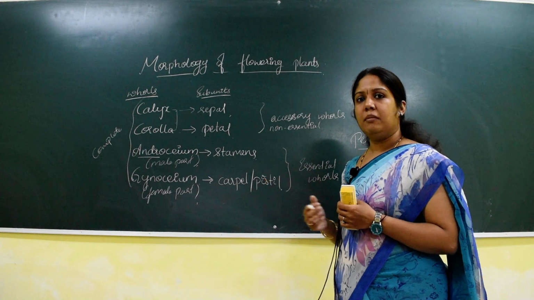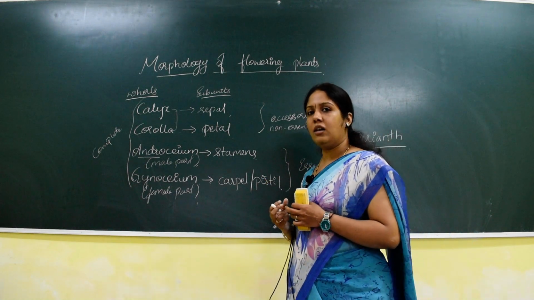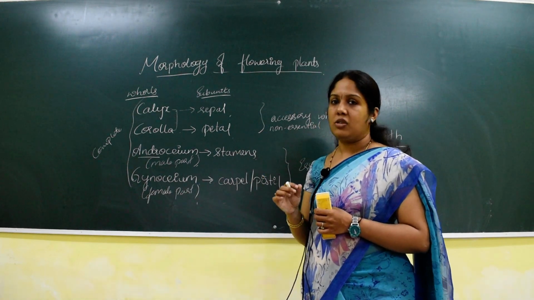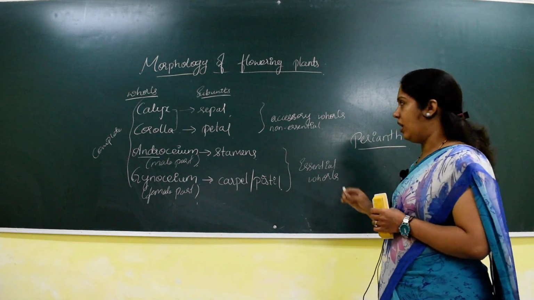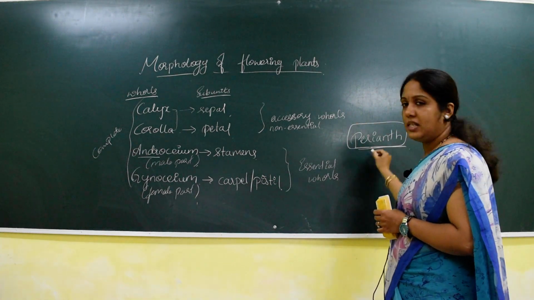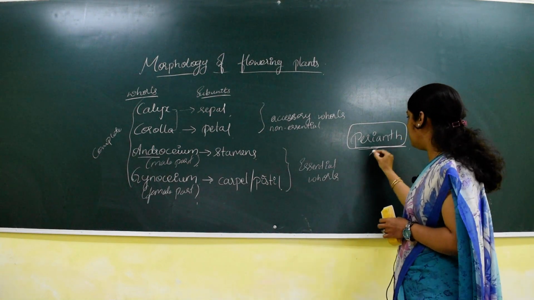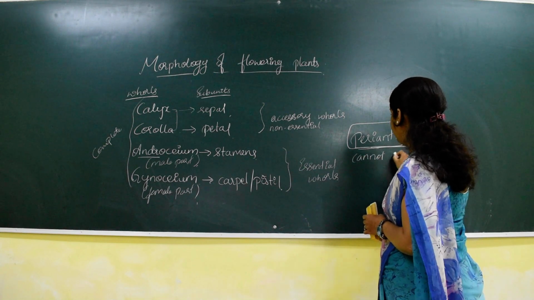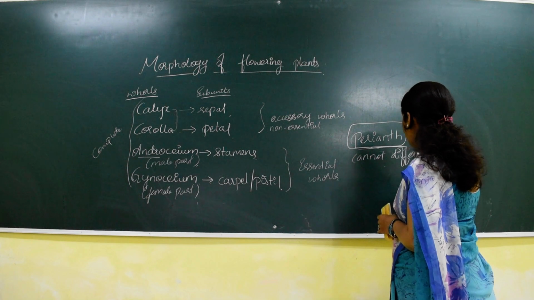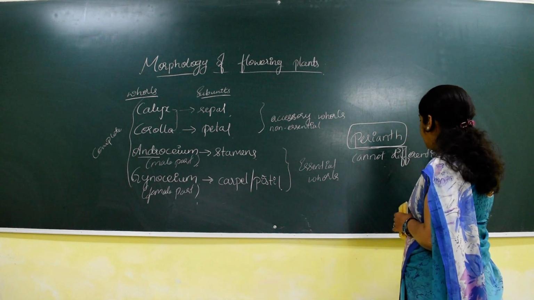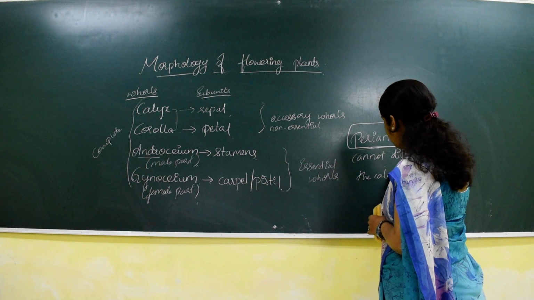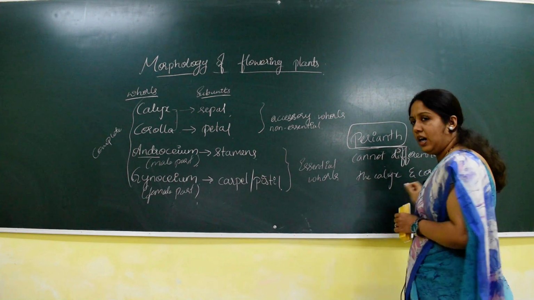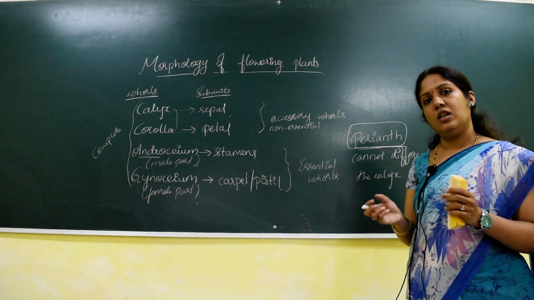But in some plants, in the flower produced by that plant, we can't differentiate which is calyx and which is corolla. So the undifferentiated calyx and corolla form the condition called perianth. Perianth is a condition where we cannot differentiate the calyx and corolla, because they are fused.